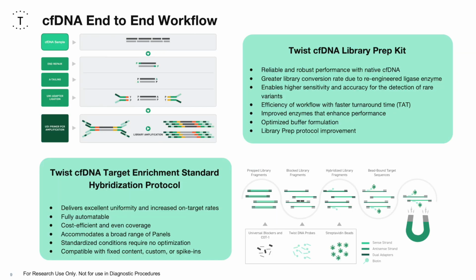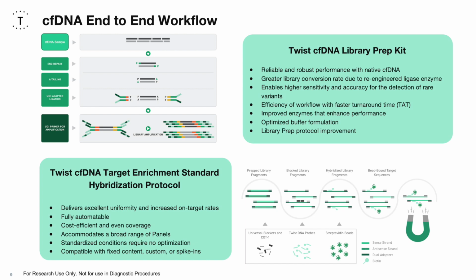The Twist cfDNA end-to-end workflow is designed for robust and reliable performance. It includes key steps like end repair, A-tailing, UMI adapter ligation, and UDI primer PCR amplification to create your libraries.